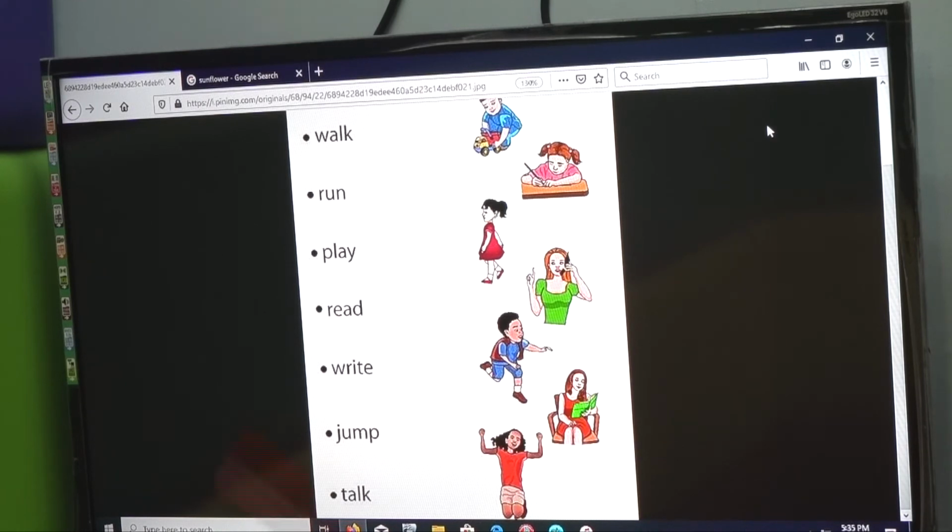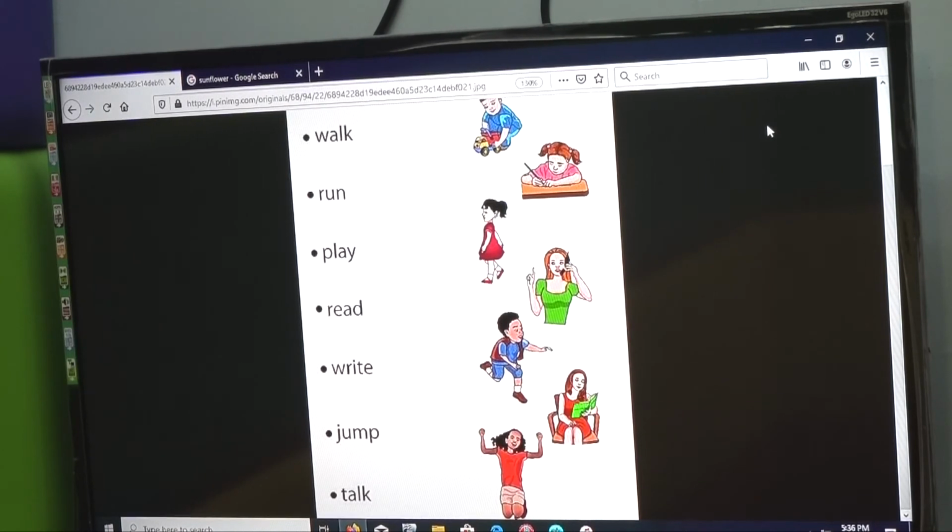Verb number 3. How do we read this? Play, right? Which picture is the best to describe the action verb play?